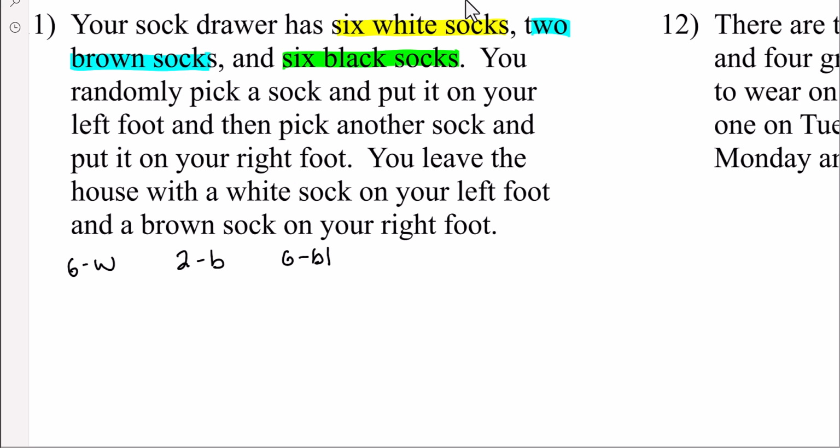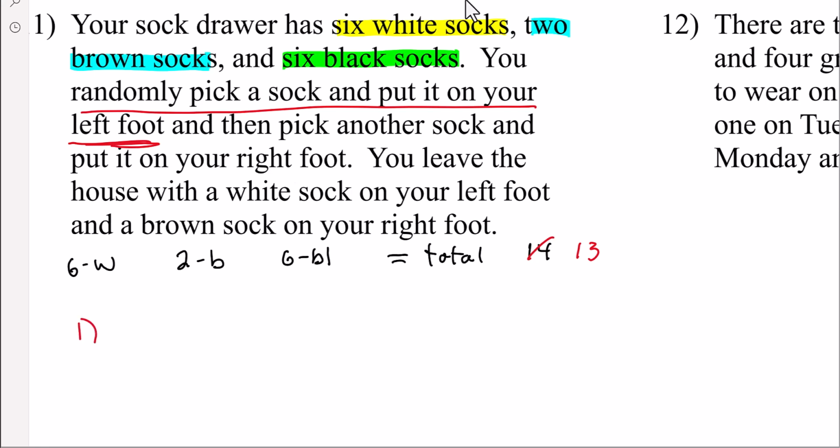So we started off with a total of 6 plus 2 is 8, plus 6 is 14 socks. Now, what does this say? You randomly pick a sock and put it on your left foot. So now we have 13 socks. We don't have the same amount.